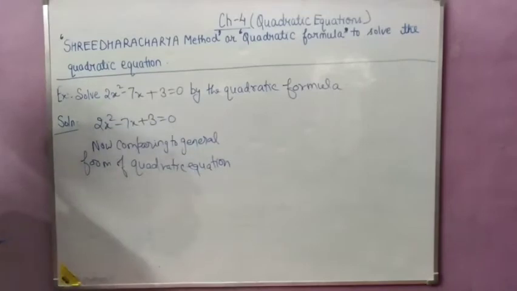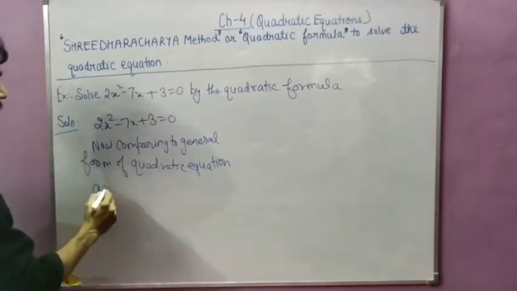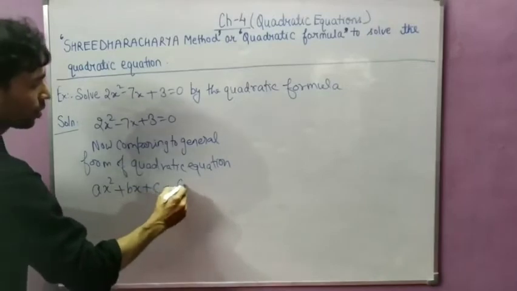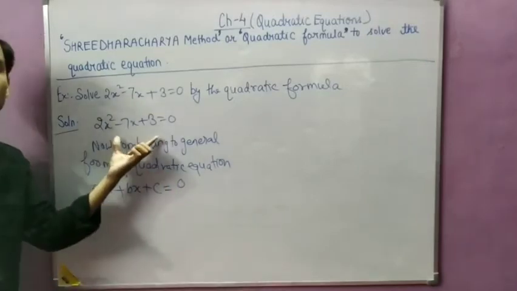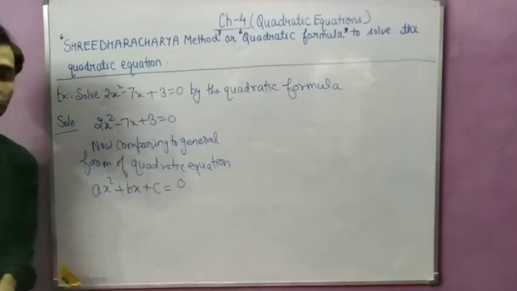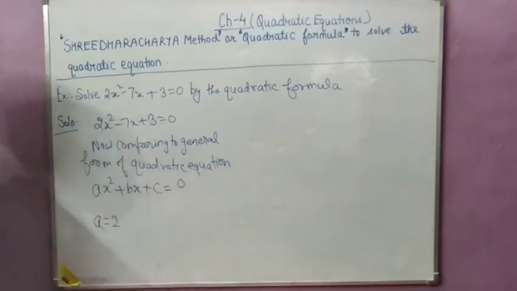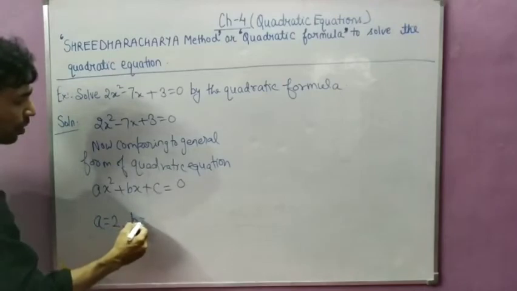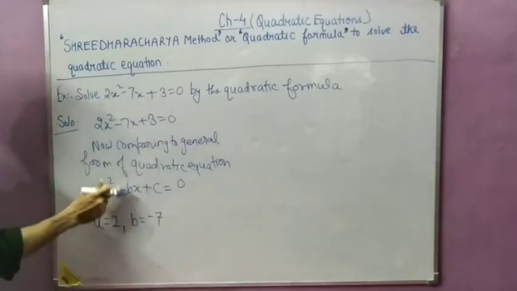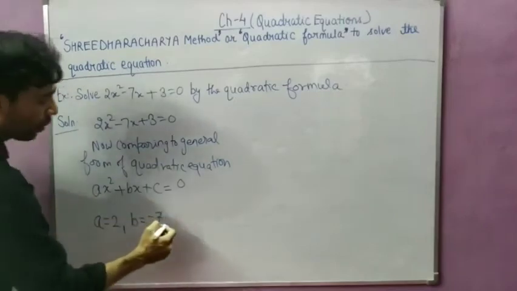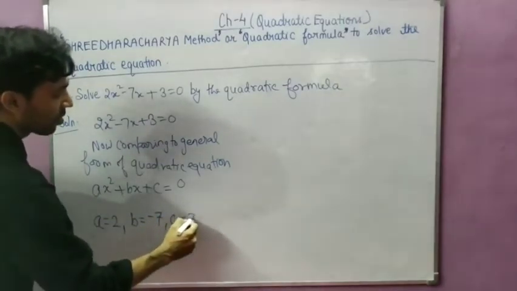What is the general form of a quadratic equation? ax square plus bx plus c equal to 0. Now when this equation is compared to this equation, we can say the value of a equals 2, the value of b equals minus 7, because here it is plus and here it is minus, so we always take the minus sign. Now the value of c will be equal to plus 3.